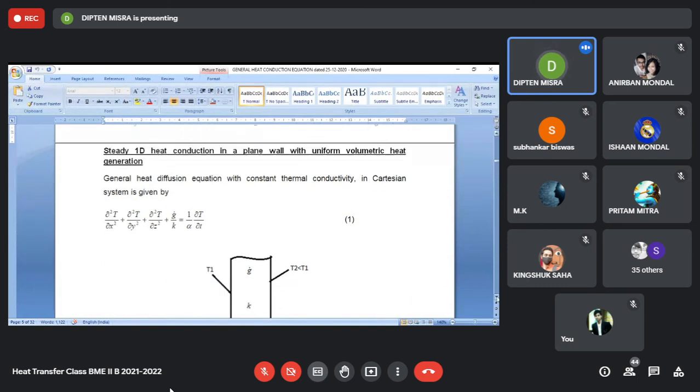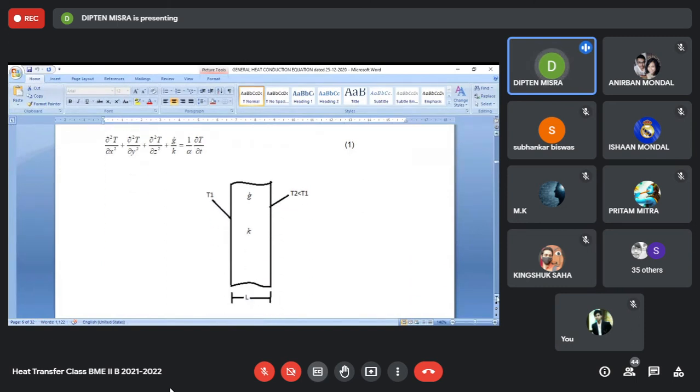Now, when we talk of 1D heat conduction, a very common example can be the heat conduction across the thickness of the wall of a room. As I said at the very beginning of this class, suppose this is a cross-sectional view of the thickness of the wall of a room, where this L indicates the thickness of the wall. The height of the wall I have not shown, and that may be quite large compared to the thickness.